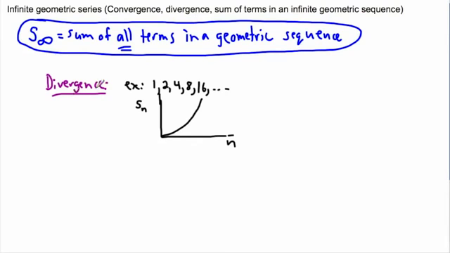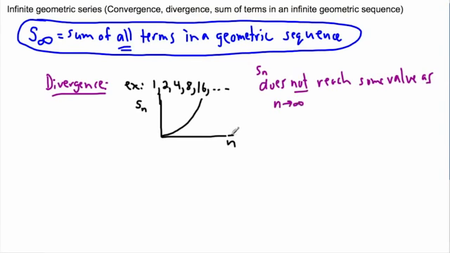So the problem is this. When we say it diverges, we mean Sn here does not reach some equilibrium value. We could say this thing diverges. In other words, Sn, that's the key thing, does not reach some value as n approaches infinity.